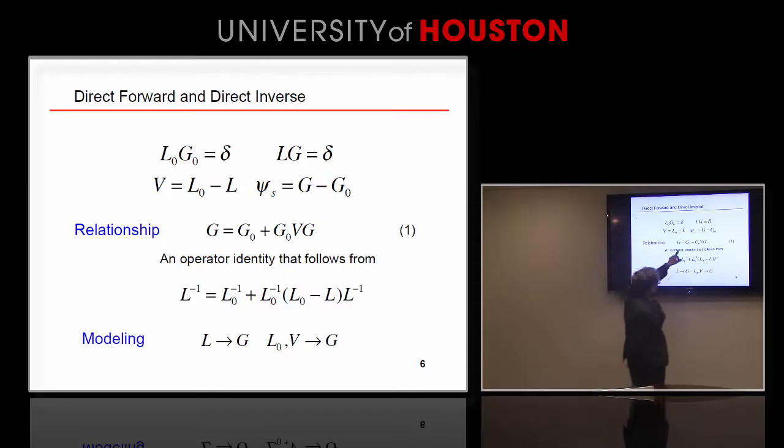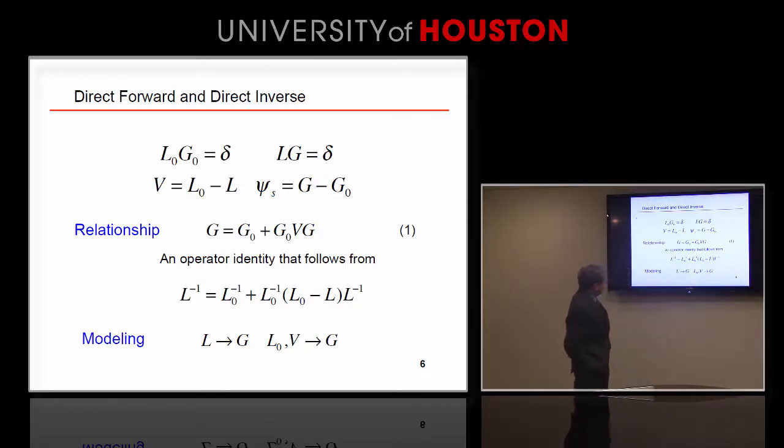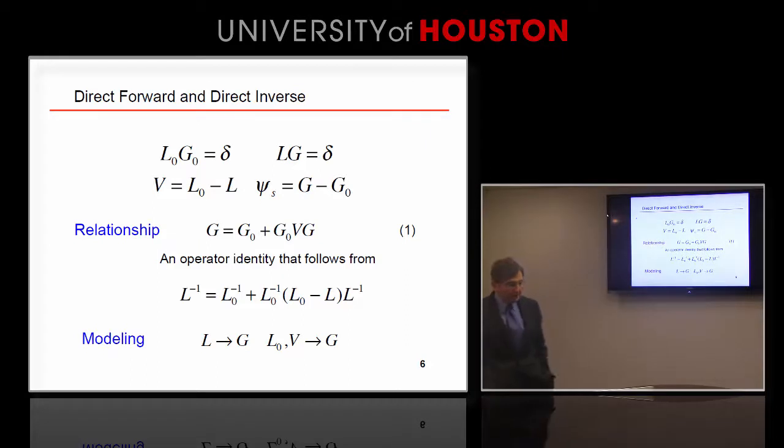And the scattered wave, G minus G0, is the corresponding difference in wave field. Equation 1 is an essential message of this talk. If you come away from this talk with nothing but equation 1, I will have succeeded.